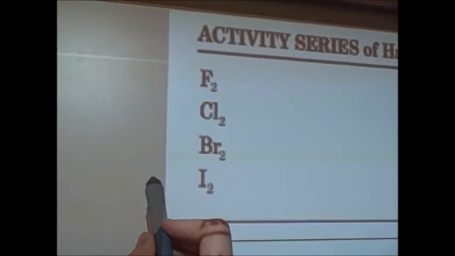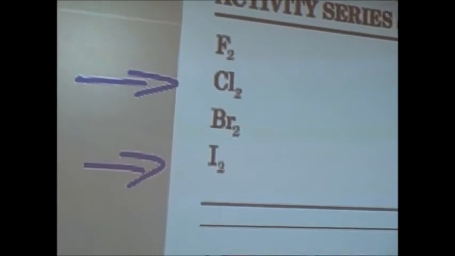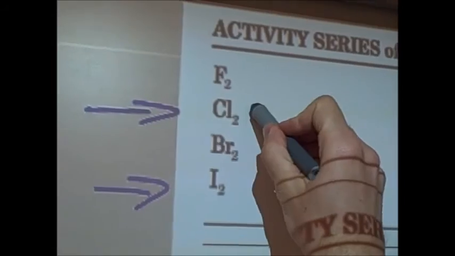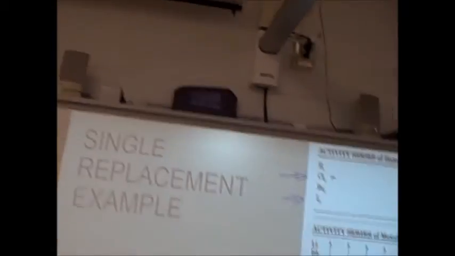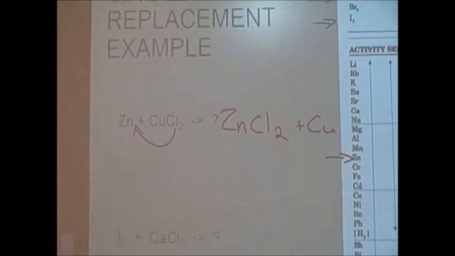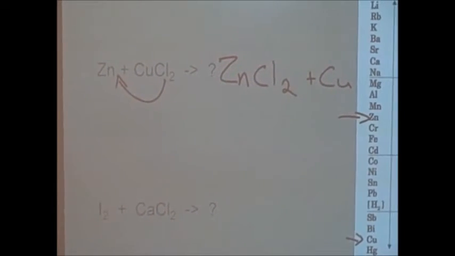And we see that I2 is here, chlorine is there. So what you should notice about this is that chlorine is higher than iodine. So in our problem, calcium would rather be with the one that's higher up. So calcium would rather be with chlorine.